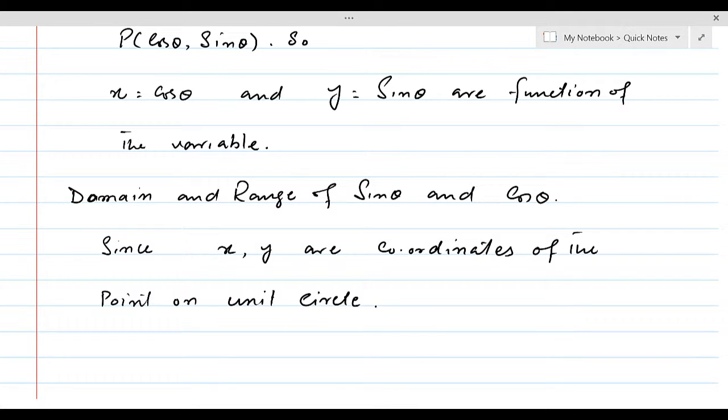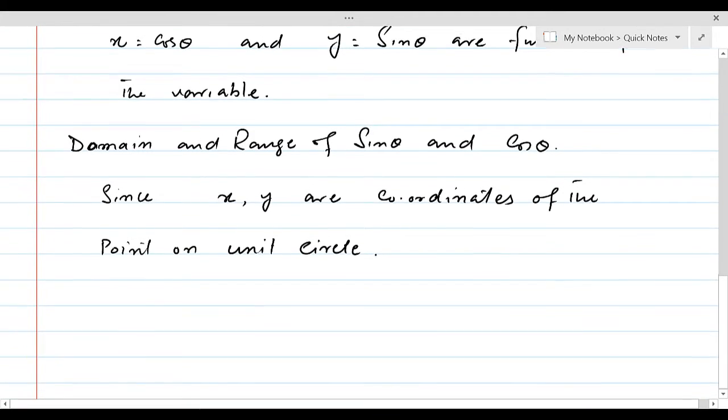So the relation that the distance from the center to the coordinates x, y must be always equal to 1. That must be maintained always.